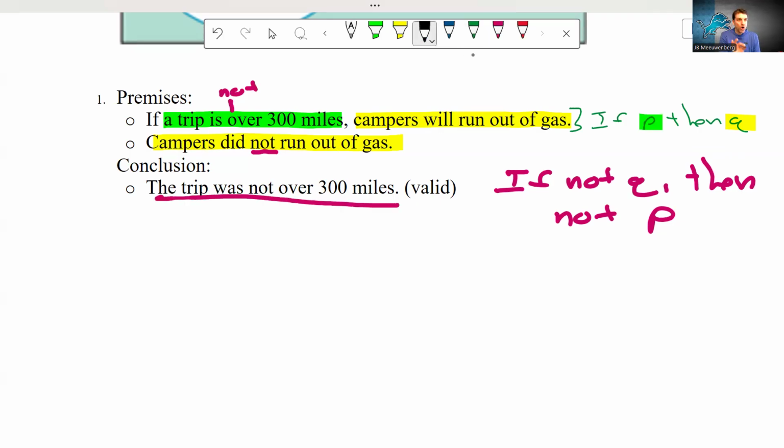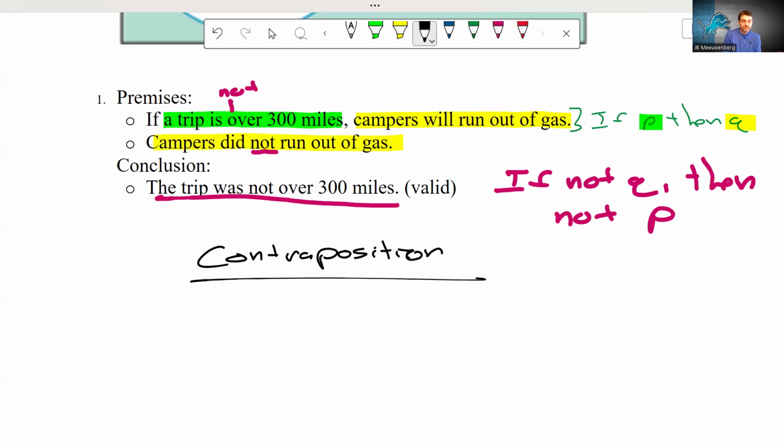So which law was used? The law of contraposition.